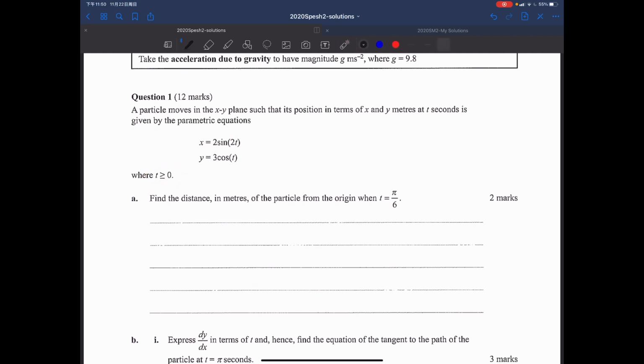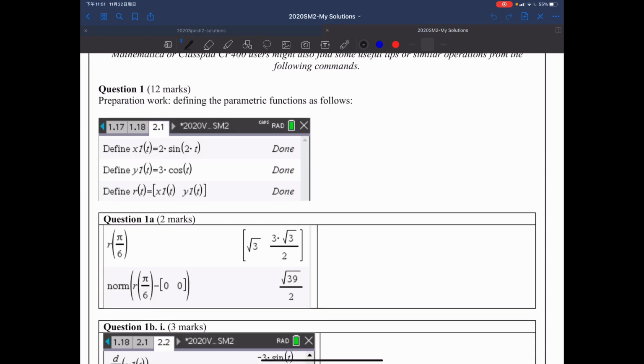Firstly, we want to realize the equivalent form for this particle can be written as a vector function. So our key to tackle this problem is to define x, y, and also our position vector r of t. Here comes my solutions.